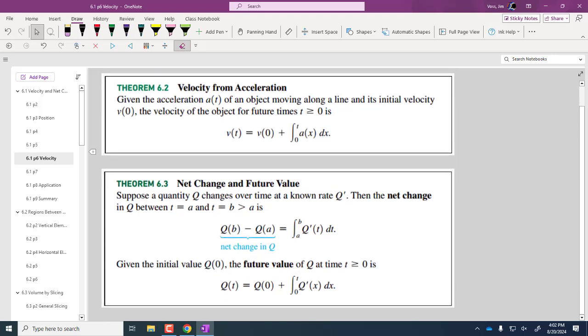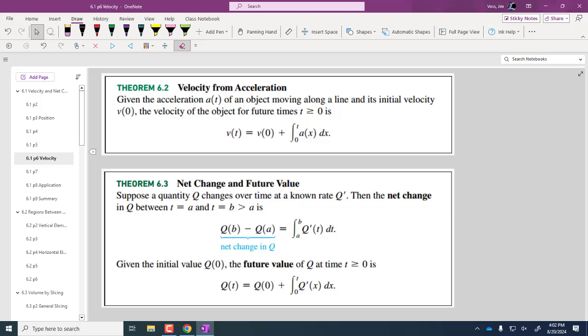So, let's just change our perspective for a minute. What we've been doing is discovering S from V, right? We've integrated V to get to S. We can also discover V from A. So you integrate A, acceleration, to get to V. So this process is parallel.